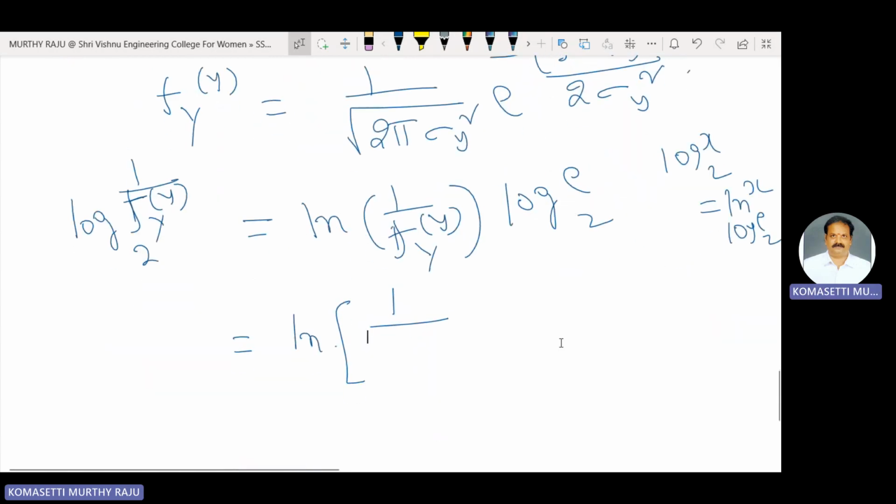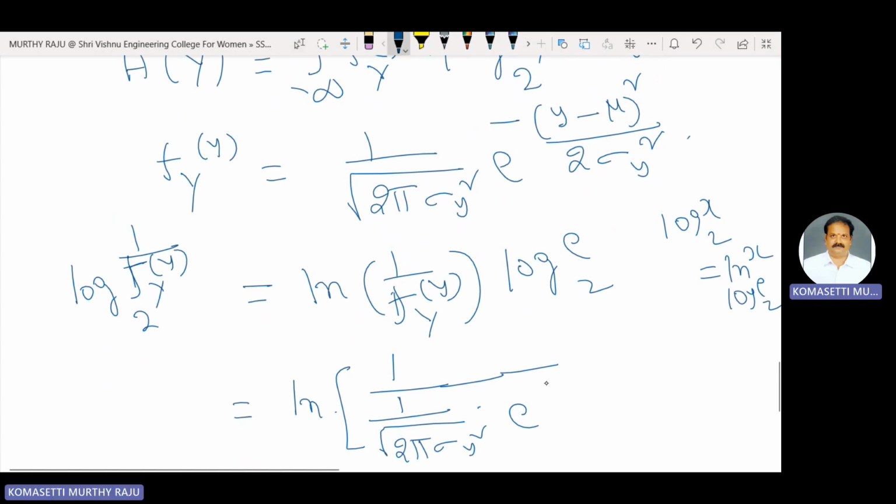f of Y is 1 by square root of 2 pi sigma y square into e power minus (y minus mu) whole square by 2 sigma y square, where mu is the mean, log e to the base 2.